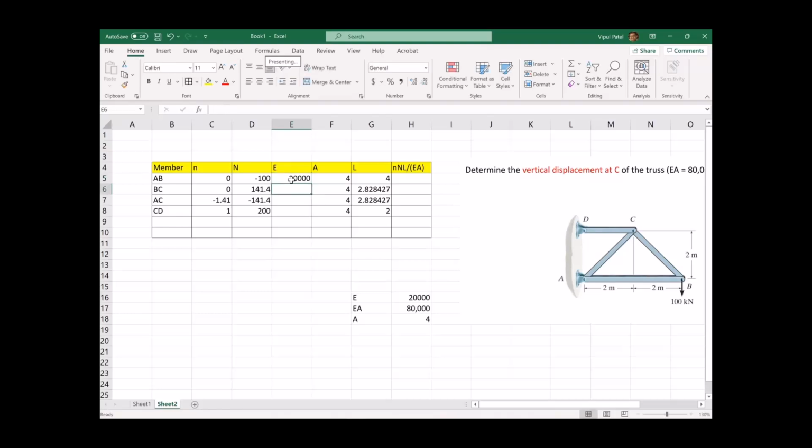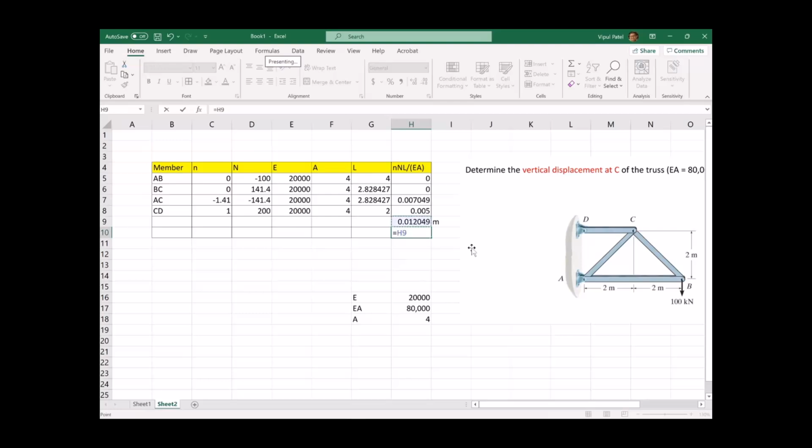Because that makes it. Now we can just do this one times this, divided by EA. So that's done here, and you can just use the sum function, select all, and that's in meters.